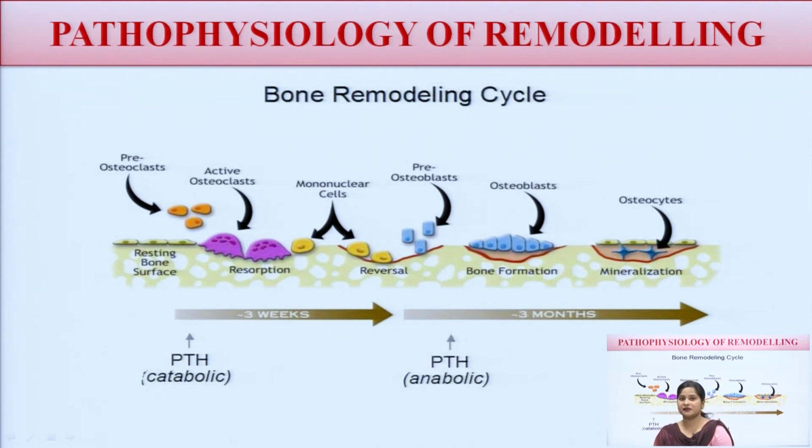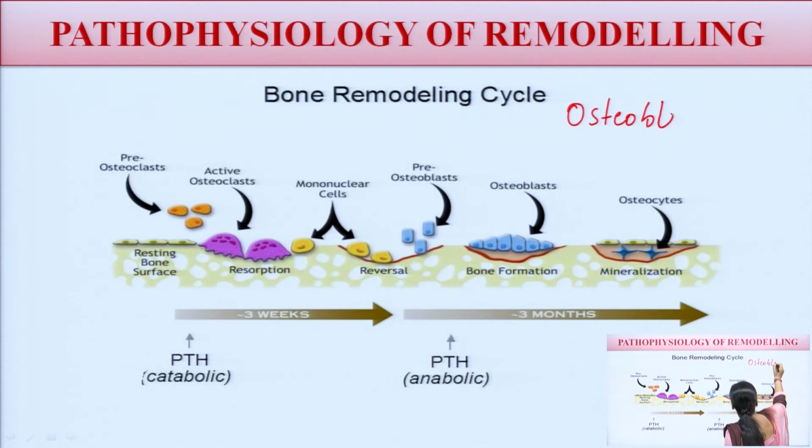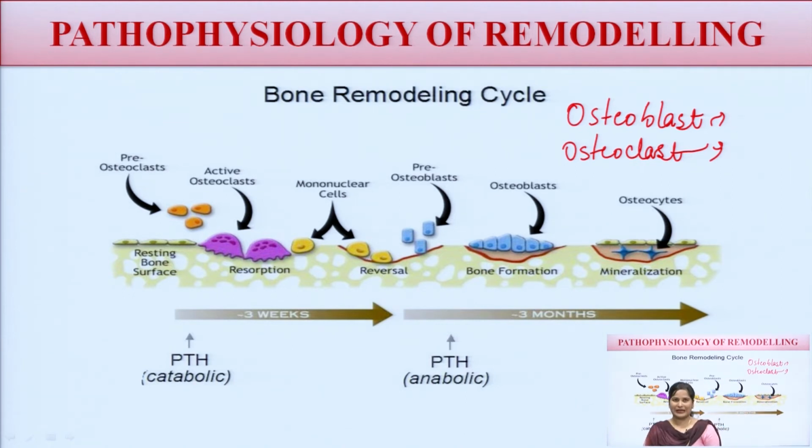So here are two words: osteoblast and osteoclast. First, what is osteoblast and what is osteoclast?